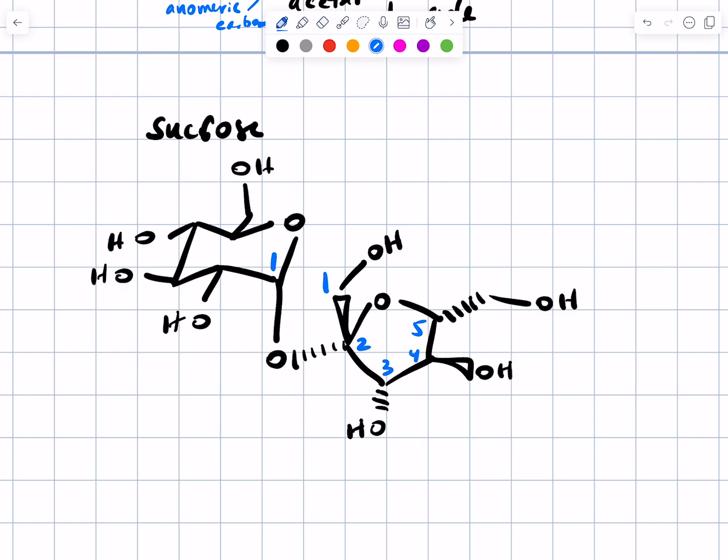Sucrose is kind of weird because over here you have glucose. And then over here, this is a different view of a sugar you've seen before. This is fructose. And in the glycosidic linkage between glucose and fructose, the two carbons that are linked together are actually both anomeric carbons.